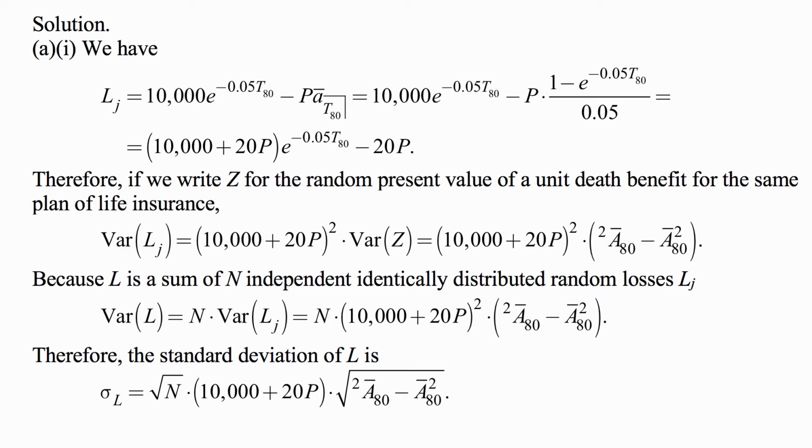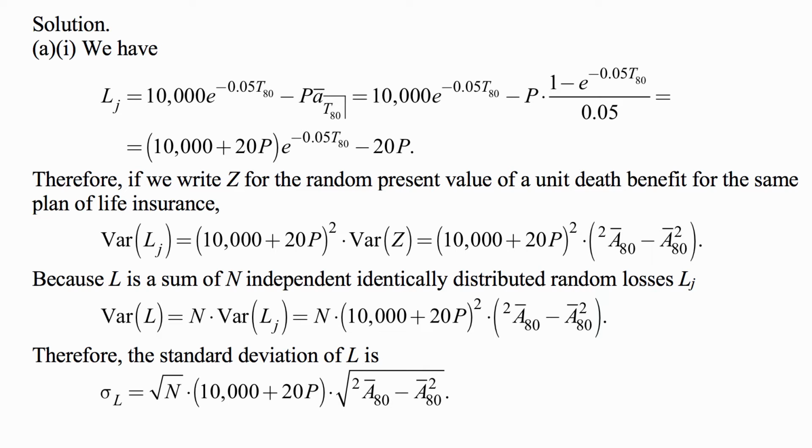Therefore, if we write Z for the random present value of a unit death benefit for the same plan of life insurance, the variance of Lj is (10,000 plus 20P) squared times the variance of Z. So it's (10,000 plus 20P) squared times (2A bar 80 minus A bar 80 squared).